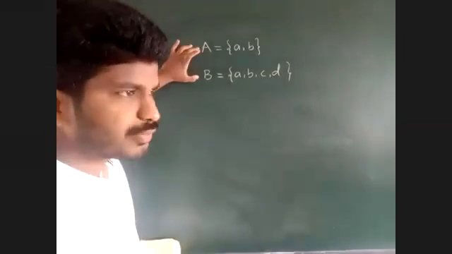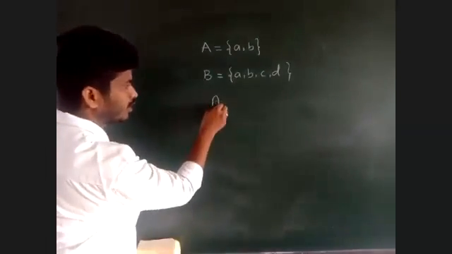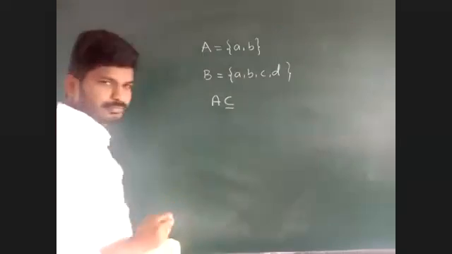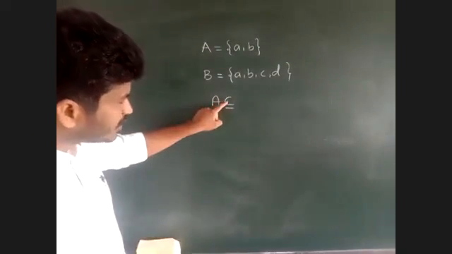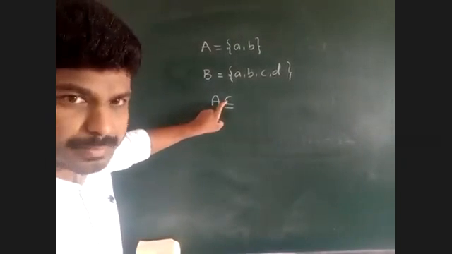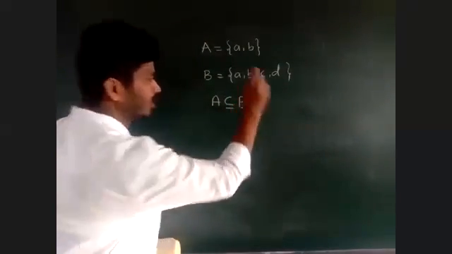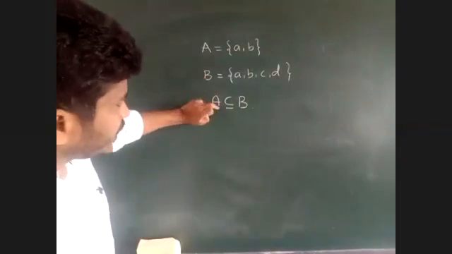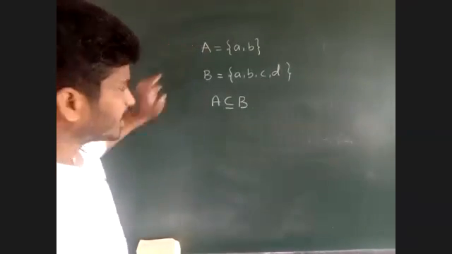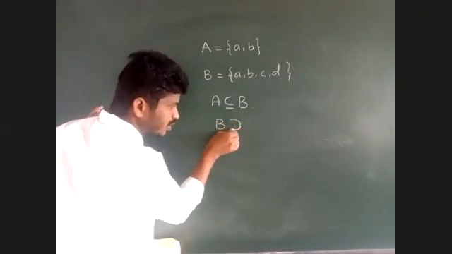That can be written symbolically as A, this symbol name is called subset, subset of, another set B. This is the symbolical form of A is subset of B. And B is superset of A. That can be written in symbolical form.